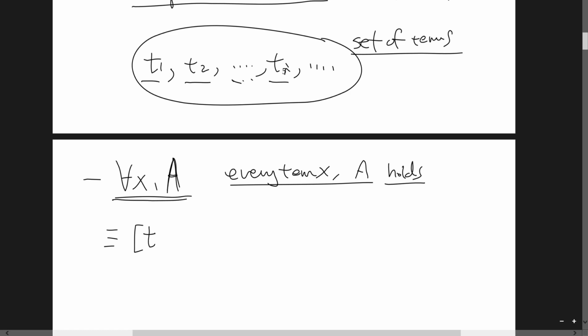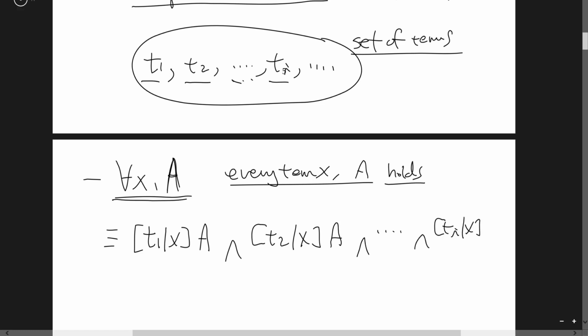So if we replace x with T1, it's going to be true, and conjunction T2 for x in A, and in general Ti for x in A. But we cannot actually write this infinite number of elements for this logical connective, conjunction.